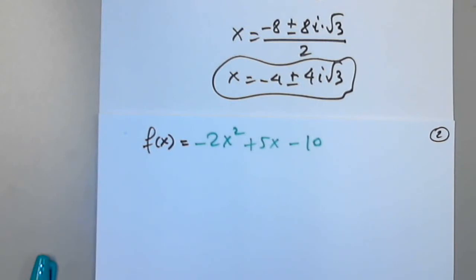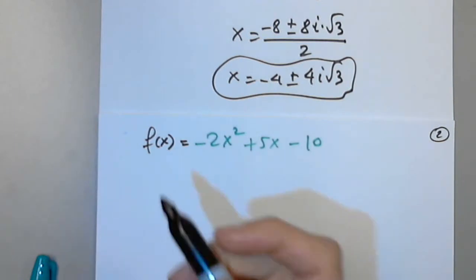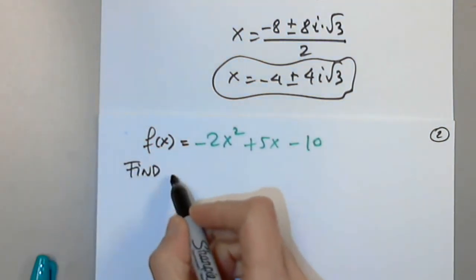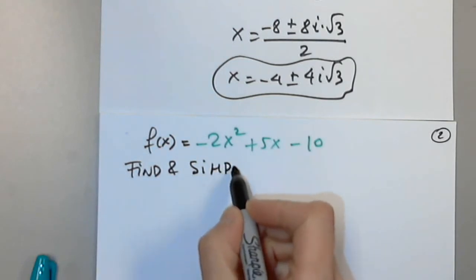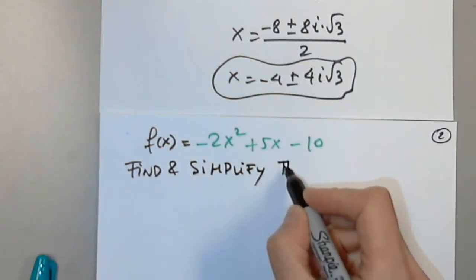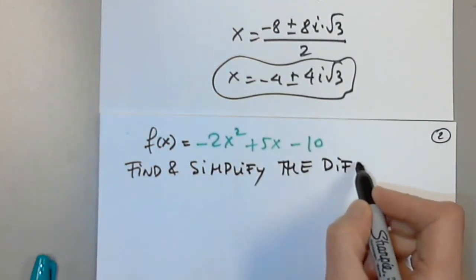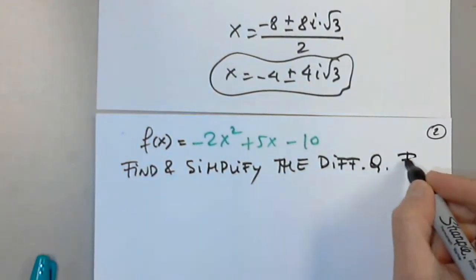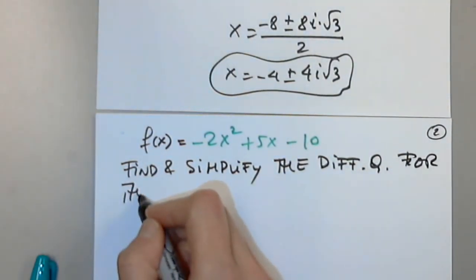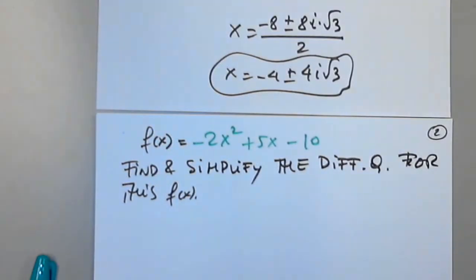So coming back, the question here is: find and simplify the difference quotient for this function, f of x. In this class, you do not have to memorize the difference quotient.